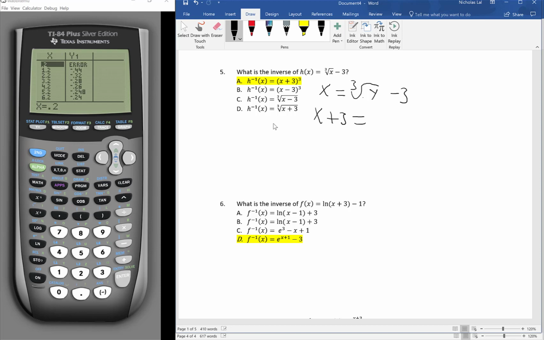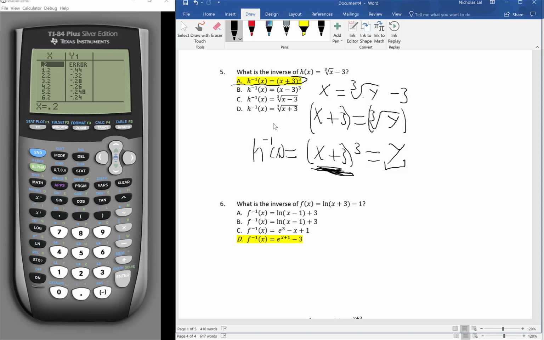X plus 3 is equal to the cube root of y. Okay, cube each side. X plus 3 cubed is equal to y. We have isolated y. This is a function. So this is equal to the inverse of h of x. That's problem 5. The inverse of h of x is equal to x plus 3 cubed.